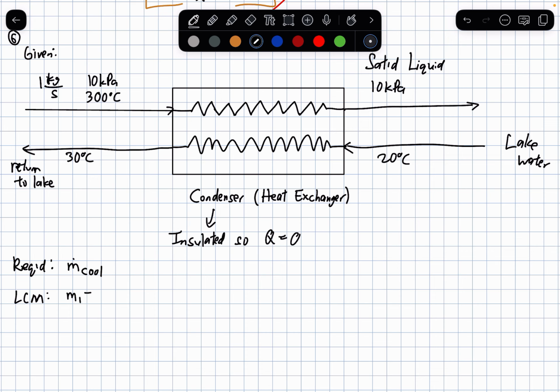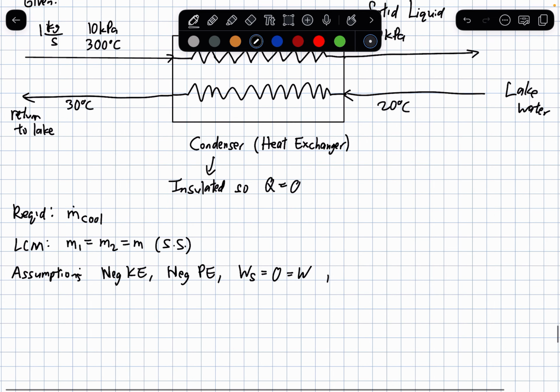There is no accumulation mentioned, so the process is steady state. This is a thermodynamic device, so we would assume this is an open system. Assumptions: negligible kinetic energy, negligible potential energy. This is a condenser. It's not a pump, not a compressor, not a turbine, not an expander. So shaft work is equal to 0.